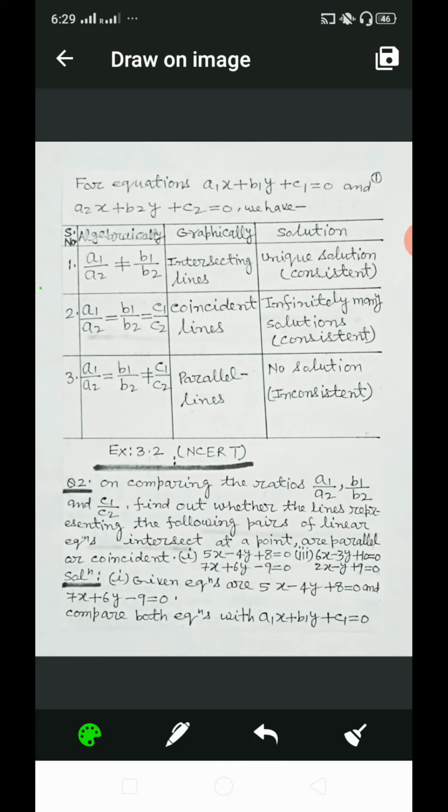Dear students, for equations a1x plus b1y plus c1 equal to 0 and a2x plus b2y plus c2 equal to 0, where a1, b1, c1 and a2, b2, c2 denote the coefficients of the equations.